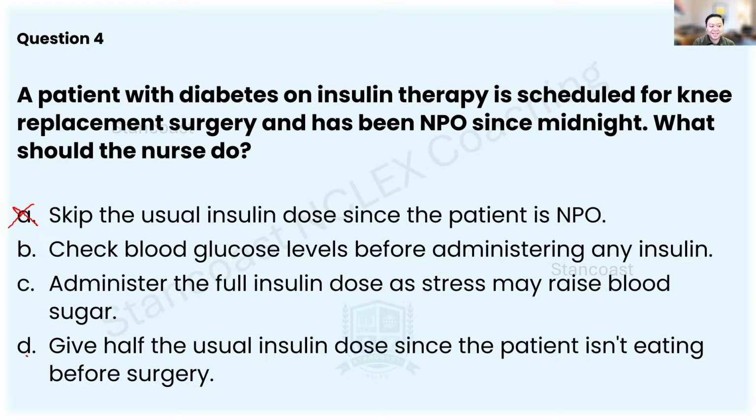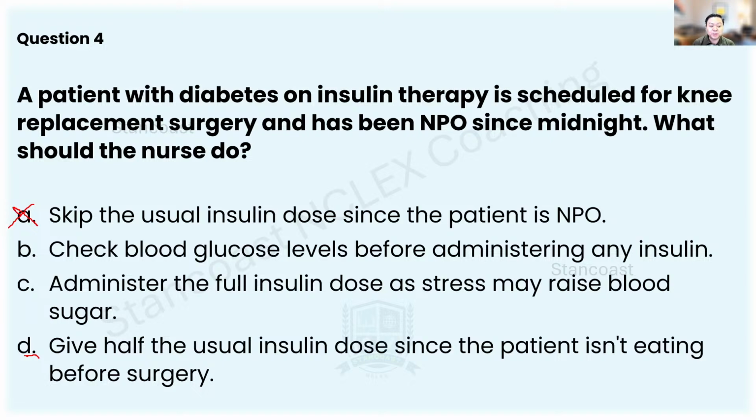If you answered letter D, give half the usual insulin dose since the patient isn't eating before surgery, is that going to be your decision this time? Just giving half? We know that the insulin requirements can vary.